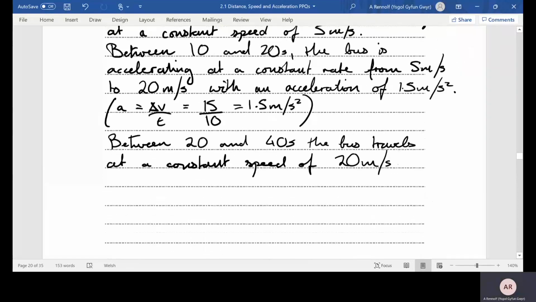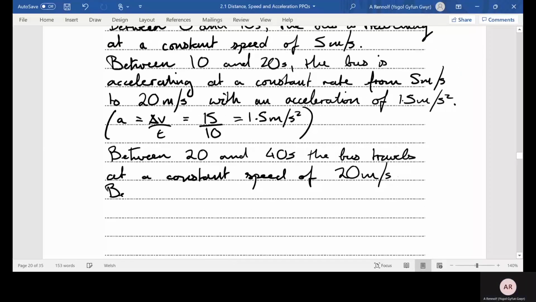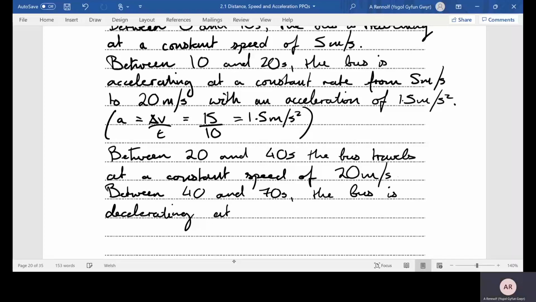And then our final section, part 4, between 40 and 70 seconds, the bus is decelerating at a decreasing rate.